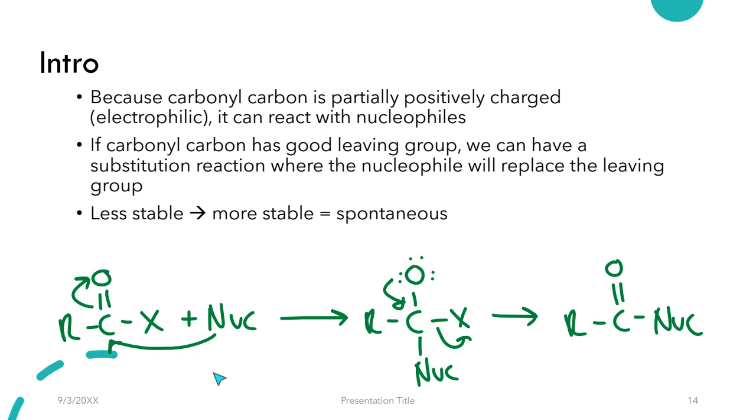The spontaneous reactions of these types are when you go from a less stable acyl derivative to a more stable acyl derivative. You can go backwards, you'll just have to put in energy, heat, etc.